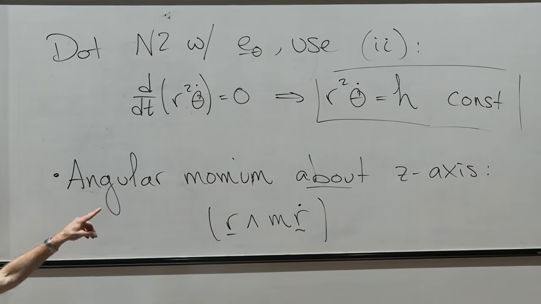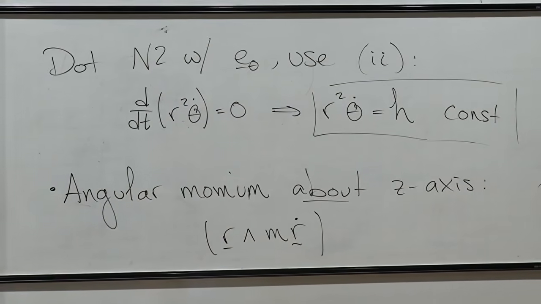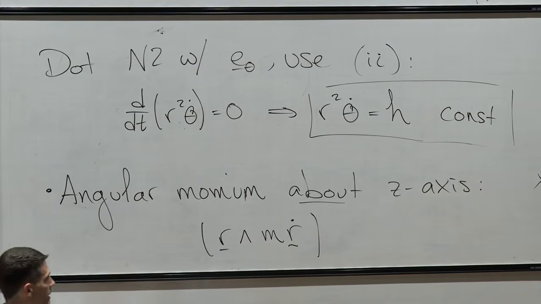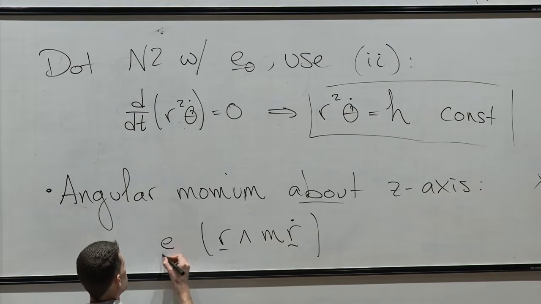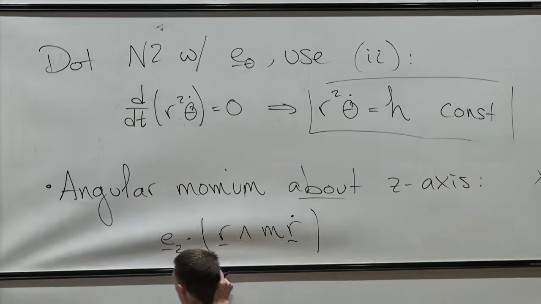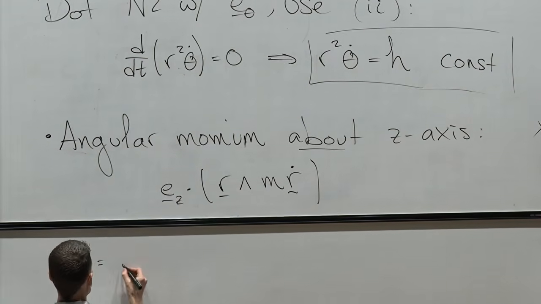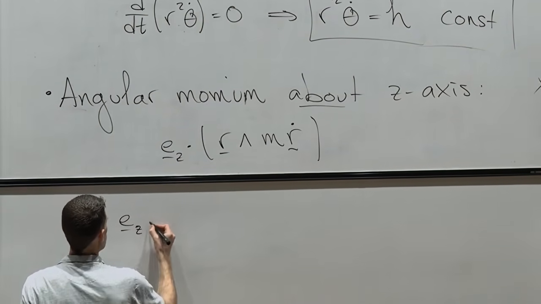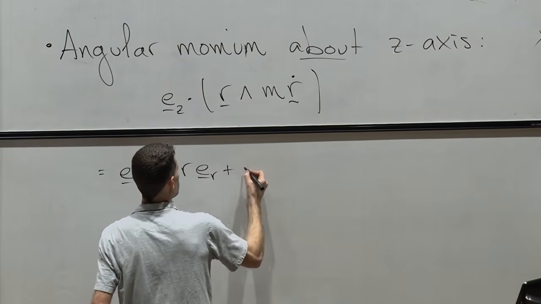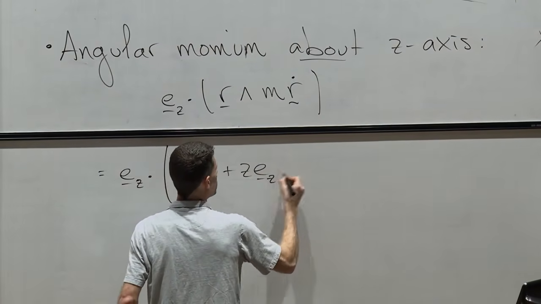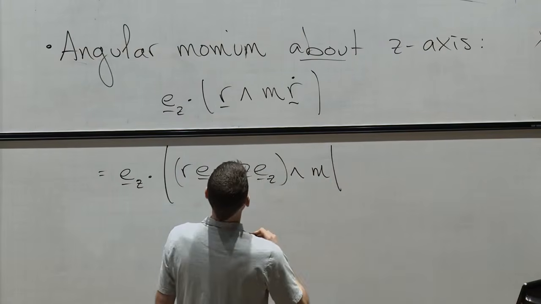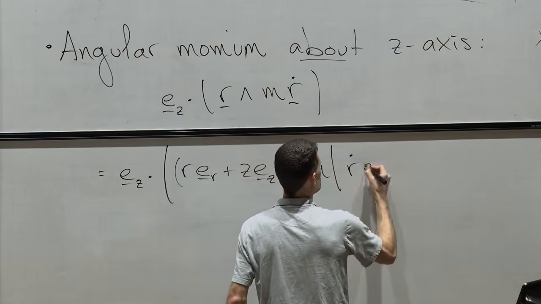And if I want to think about the rotation around the z-axis, I take the z component of that vector, so dot this thing with Ez. And let's just do that. So you get Ez dot (r er plus z ez) cross m times r dot.